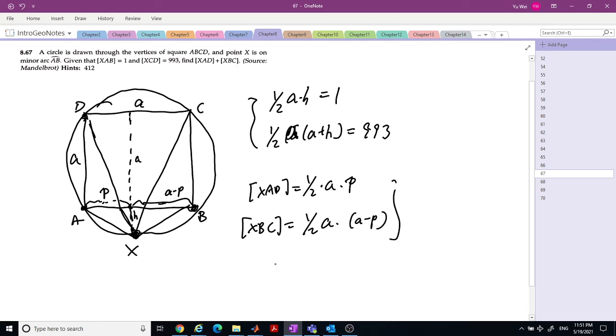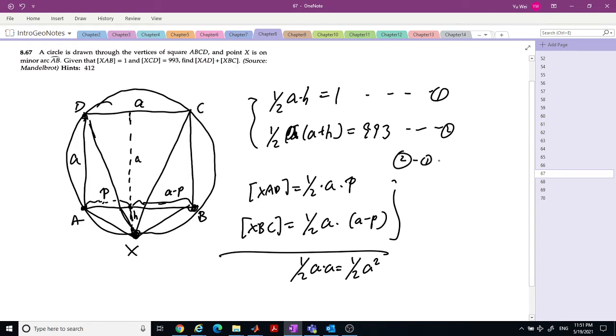These two added together give half of A times A, which is half of A squared. So from equations 1 and 2, we want to solve for half of A squared. 2 minus 1 gives half of A squared is 992. Now you know these two together are 992.